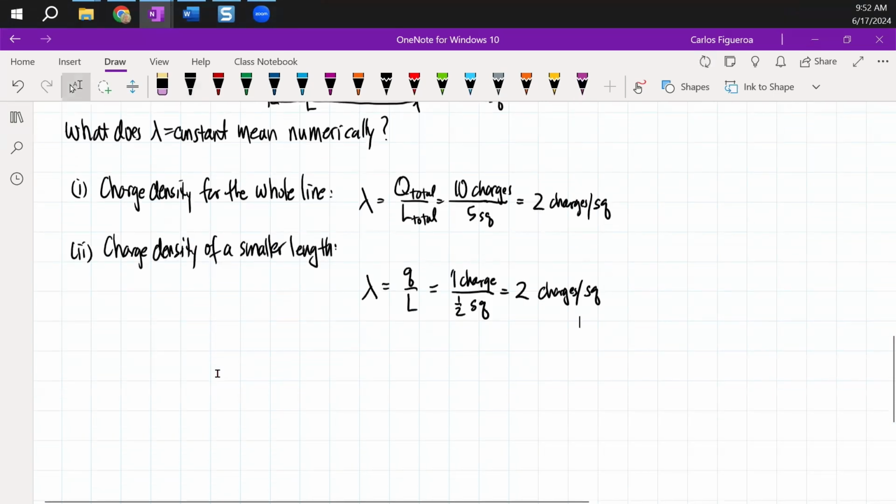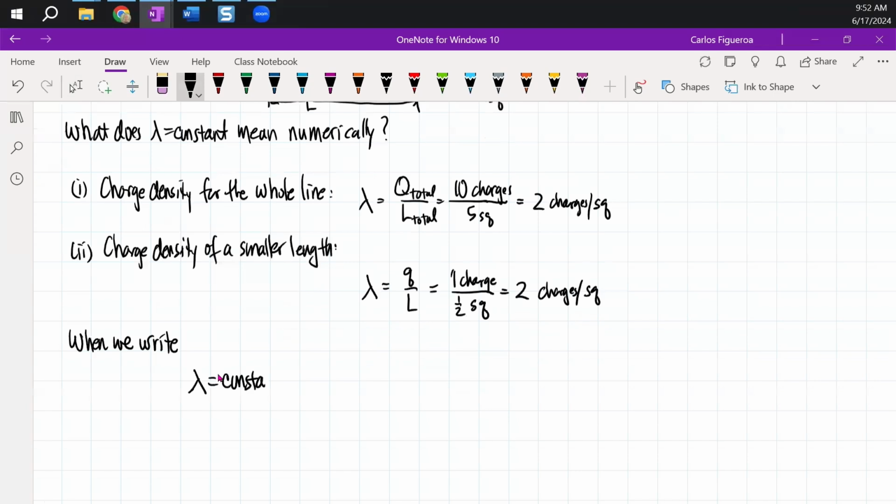So when we write lambda is equal to a constant, it is the total charge over the total length, or I can take an infinitesimal amount, which allows us to define dq, which is lambda dx, and this is what we call the charge element.